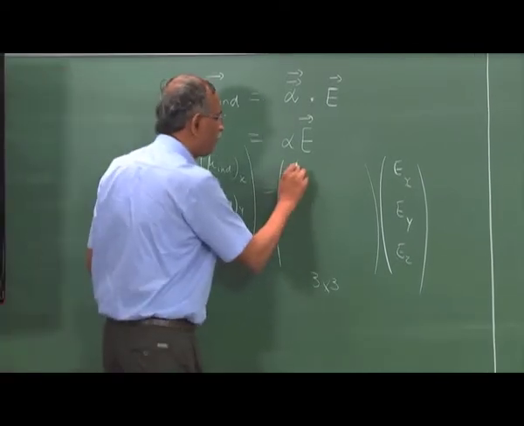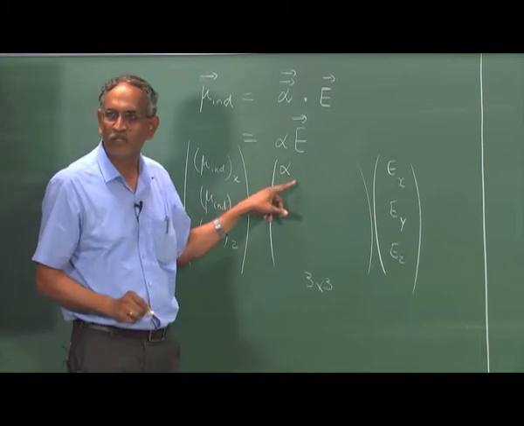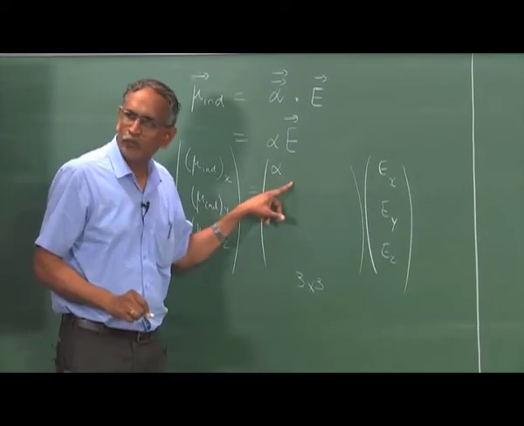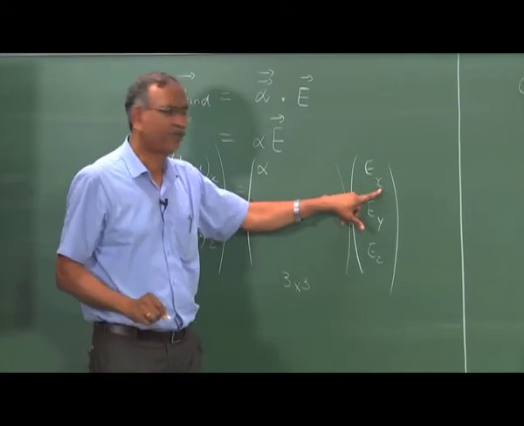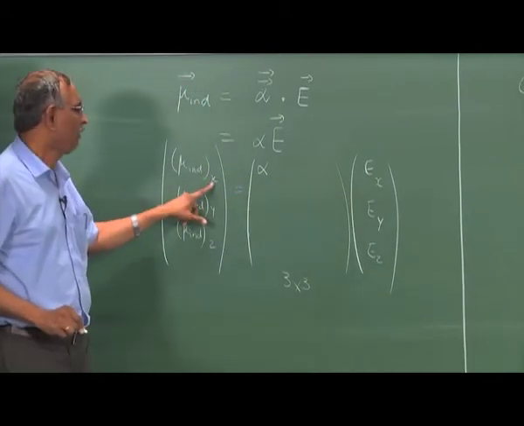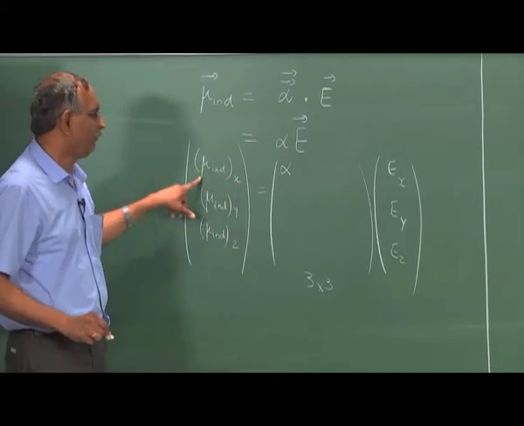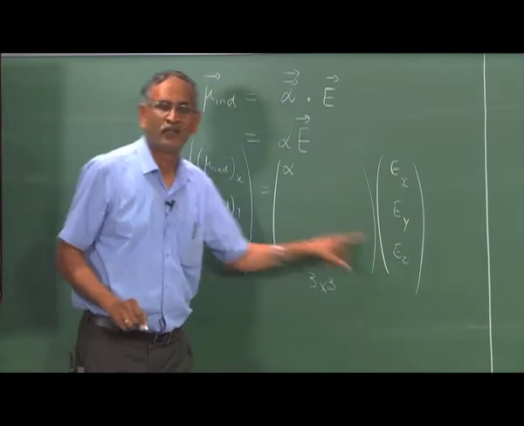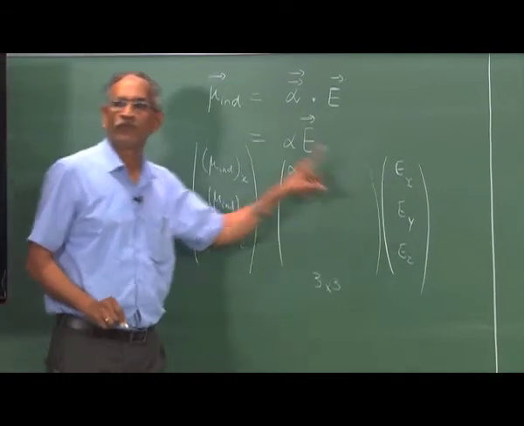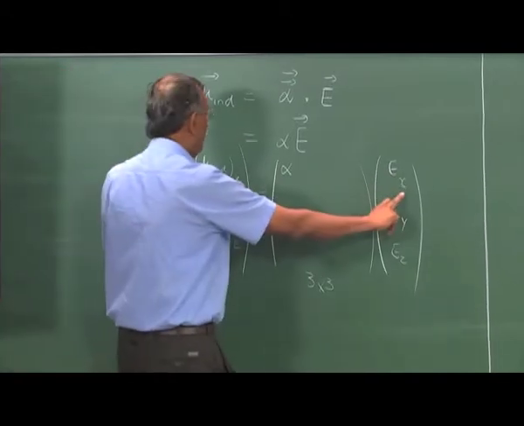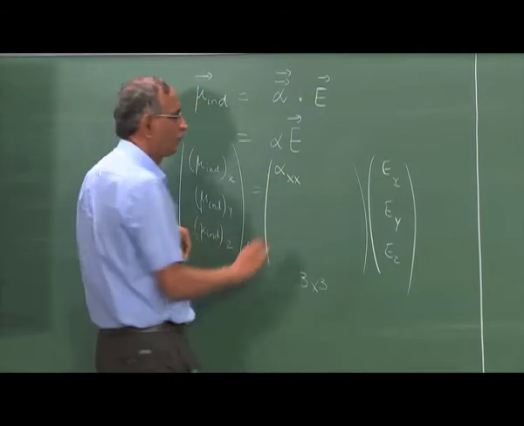and the components of alpha, the indices that you see here, are not 1 1, 1 2, 1 3, but they are related to the direction on this side as well as the direction of the component on this side. This is the cause, this is the effect, and alpha connects the cause to the effect, and therefore the directions of the cause and the effect are written as xx. Okay.